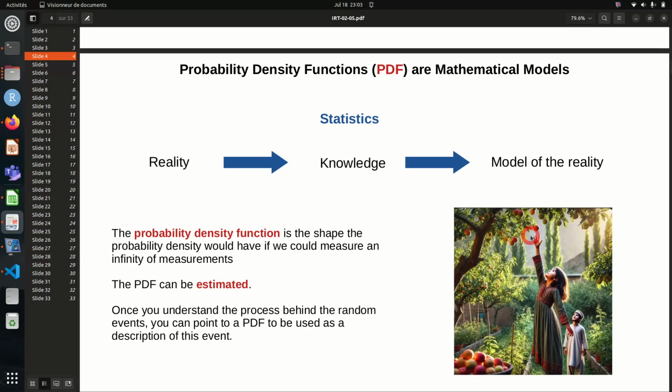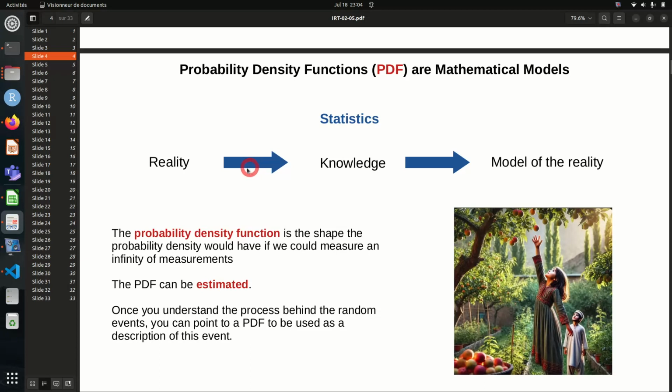They can be estimated, they can be looked at from a certain distance, but we cannot get them absolutely, especially because they would require an infinite amount of measurements. We can, however, estimate them through statistics.